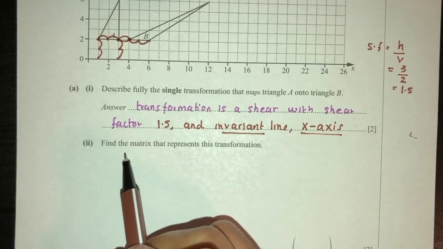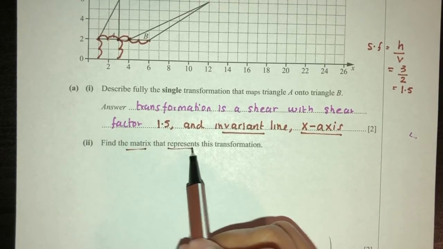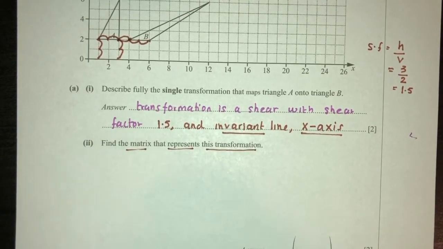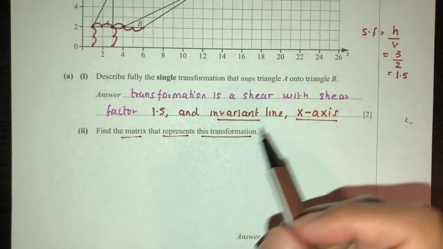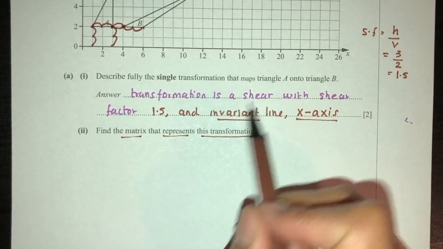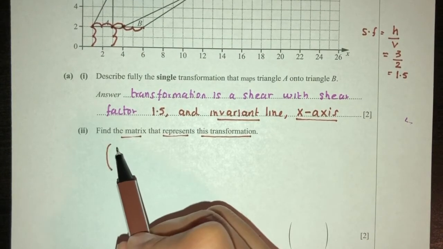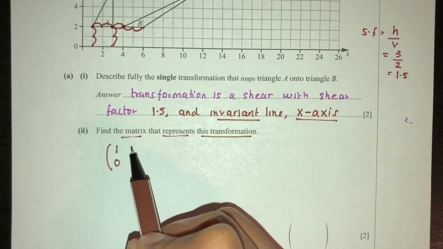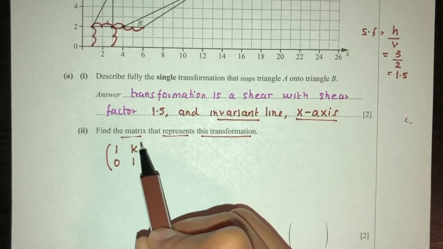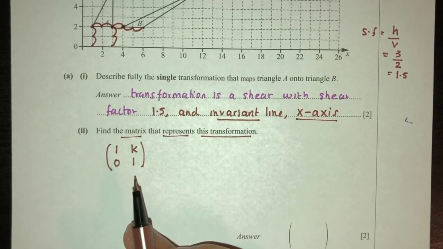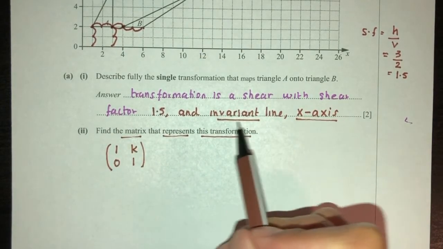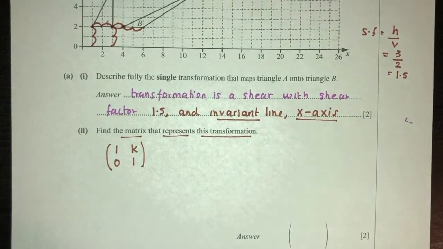Now for part 2, find the matrix that represents this transformation. From practice you will know that if you have a shear with your x-axis as invariant line, it will look like this. It has to be 1, 0, k, 1. That's how your matrix looks for a shear with your x-axis as your invariant line.